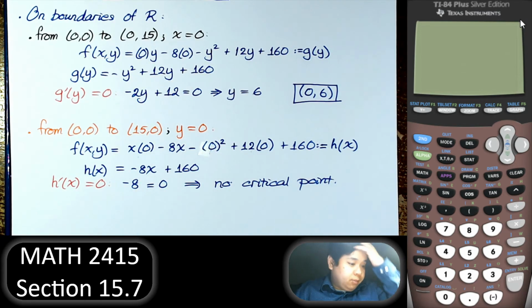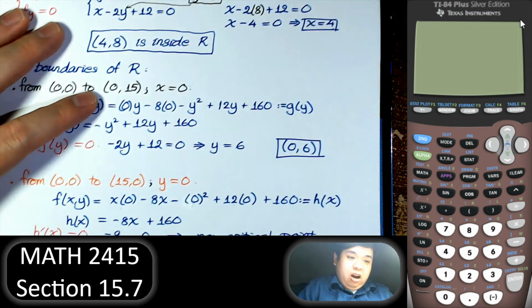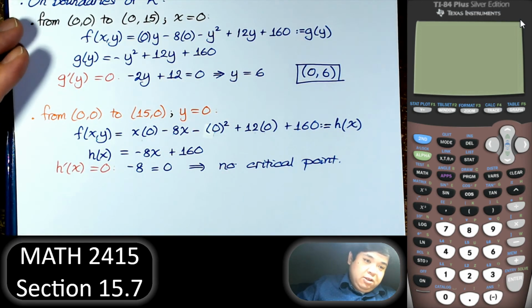Right. Now the last one is the diagonal line from (0, 15) to (15, 0).